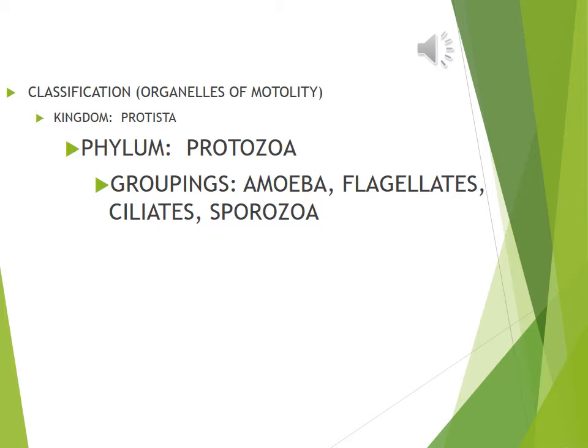And fourth group is the Sporozoa. They are all obligate parasites. They require a host in which they can live. Example is the Plasmodium causing malaria. So these are the four major groups in which you can divide the protozoas.